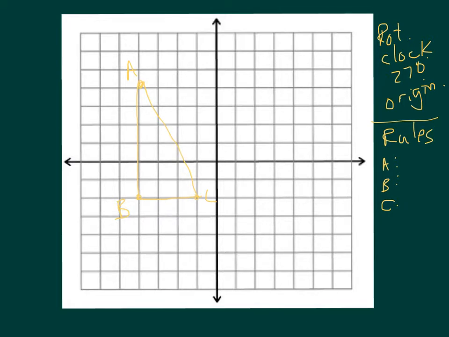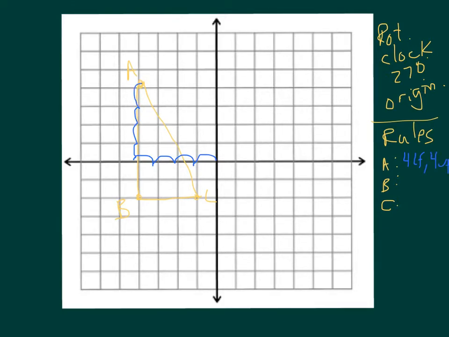So how do I get to A from the origin? From the origin, I'm going to go 1, 2, 3, 4 to the left. So 4 left, and 1, 2, 3, 4 up.